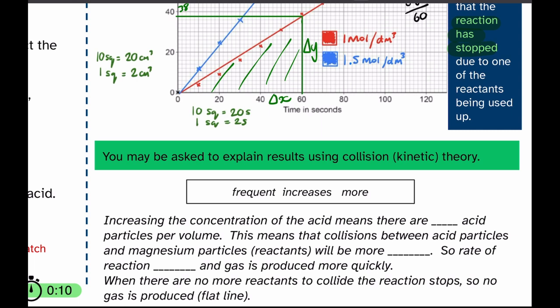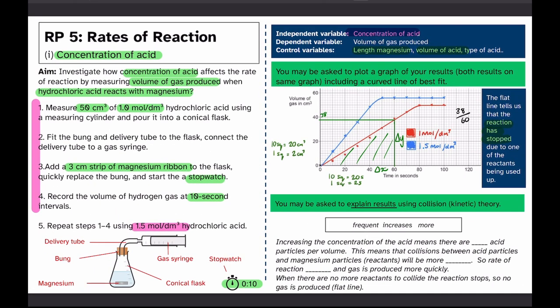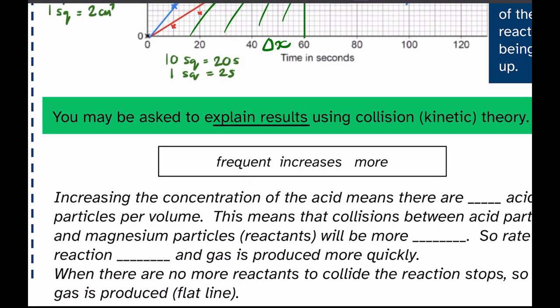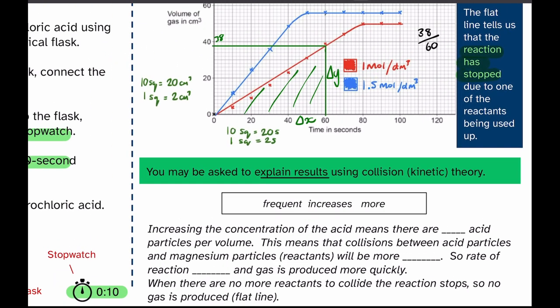In this case, we're explaining these results, and these results were to do with changing the concentration of acid. So when we're talking about our collision theory, we don't want to talk anything about temperature, so therefore we're not mentioning energy. We're just talking about how the concentration would affect it. So you can see here, I've given the sample answer.